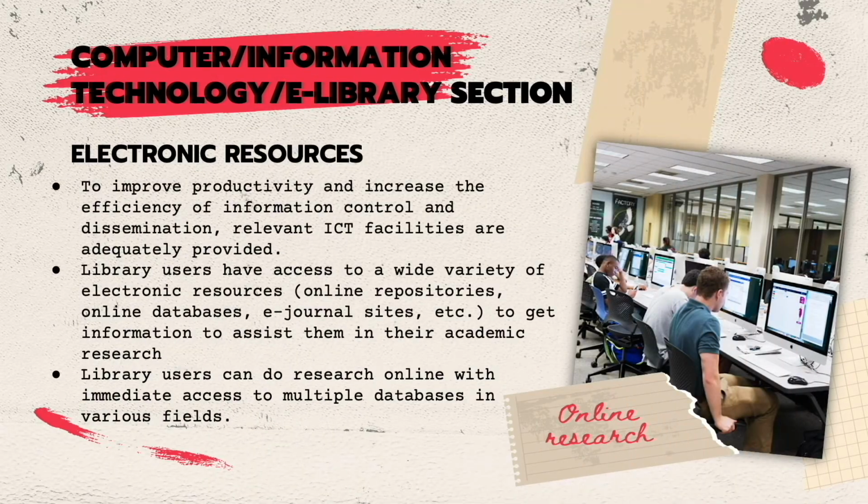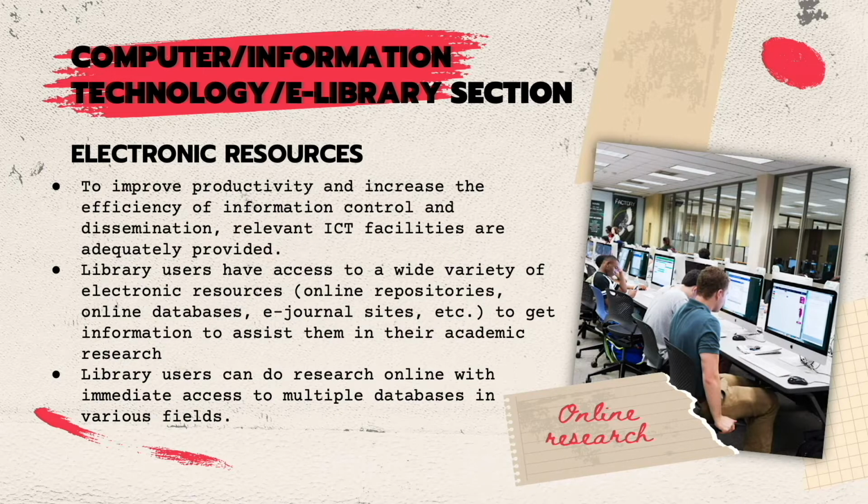And our last general section, the computer section, or information technology section, or e-library section. An electronic library, or digital library, is a focused collection of digital objects that can include text, visual material, audio material, and video material stored as electronic media formats. This includes organizing, storing, and retrieving the files and media contained in the library collection.